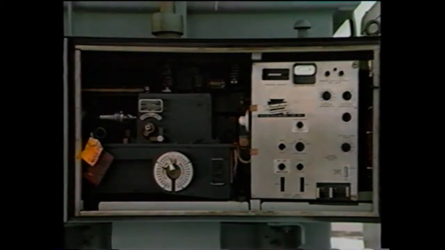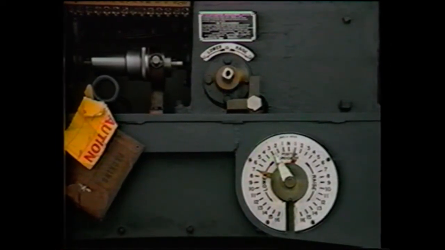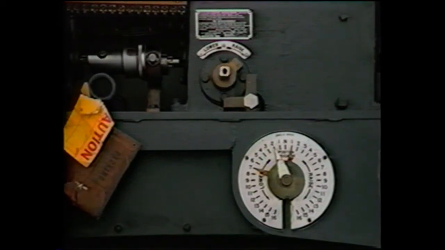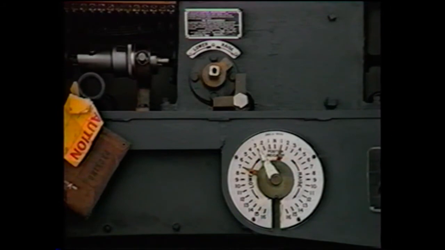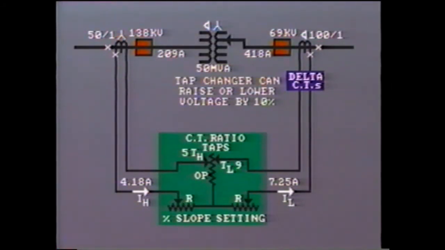When the transformer has load tap changing, the voltage ratio across the transformer can change, and with it, the percentage mismatch. The CT ratio selection should be made with the tap changer in the mid position. Suppose in our previous example, the tap changer could raise or lower the secondary voltage by 10%.